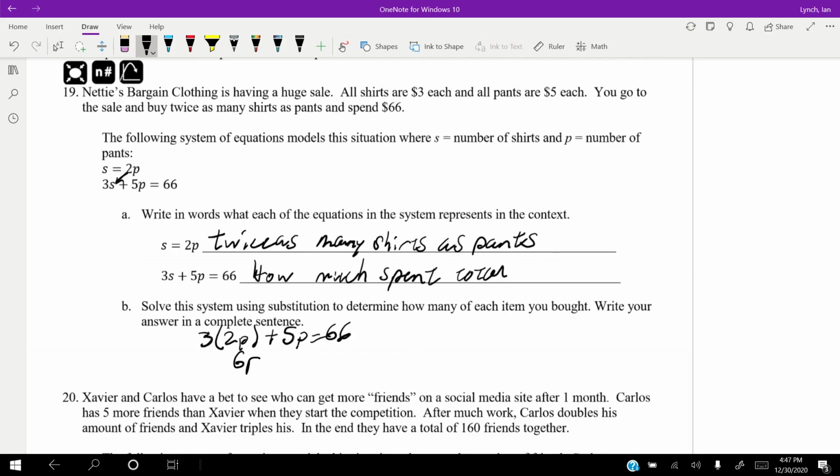Well, then 6P plus 5P equals 66, which means 11P equals 66, which means P equals 11. And if P is equal to 11, then S is equal to 2 times 11, which means S equals 22. Does that make sense, guys? We bought 11 pants and 22 shirts. Honestly, those are some pretty good deals.